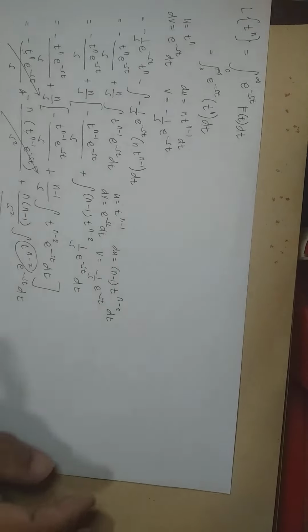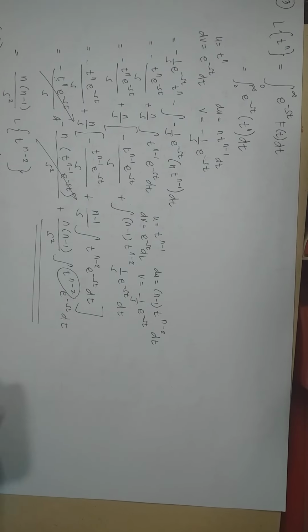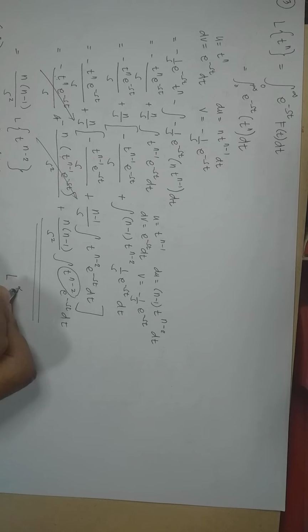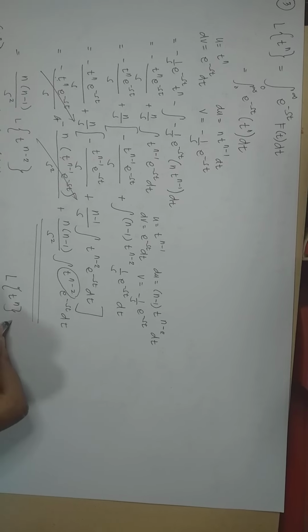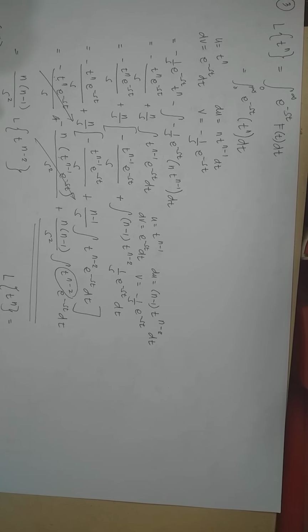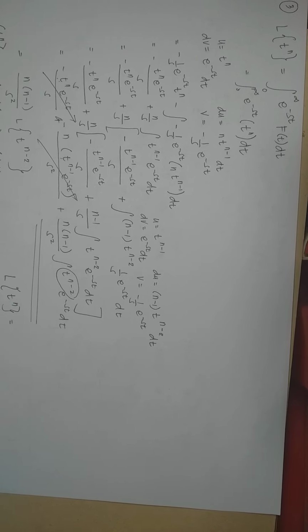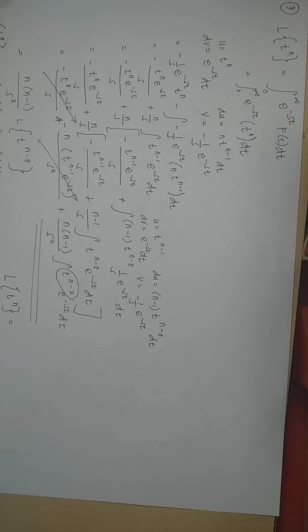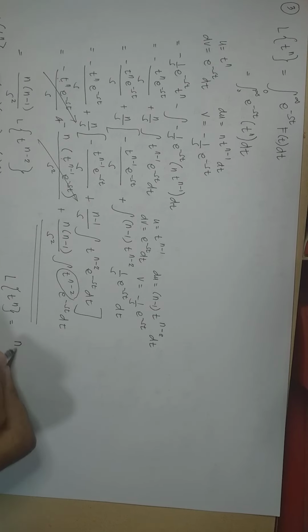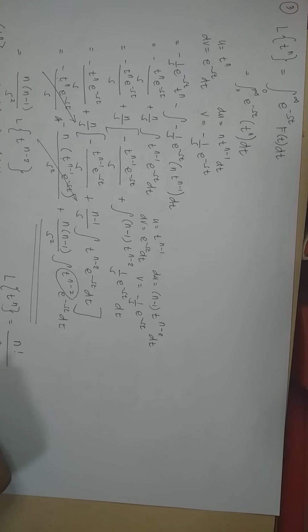So the equation for number 3 may be equivalent to the Laplace transform of t raised to n is equal to n minus 1, n minus 2, up to 2 and 1. Okay? If your n is 10, this is 9, 8, 7, 6, 5, 4, 3, 2, 1, and that is actually n factorial. All over s raised to n.